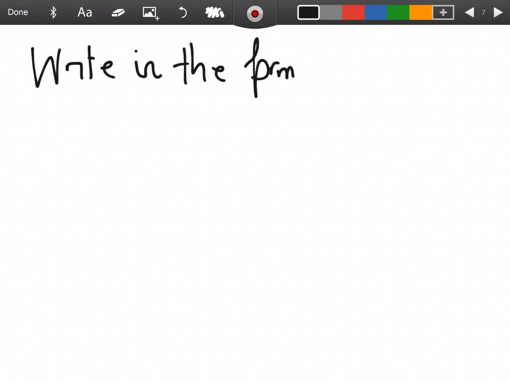The type of question we are looking at here is, you'll be asked tricky questions, you'll be asked to write in the form, and we had one of these recently to be honest, x plus a squared plus b. So we need to write the answer looking like that.